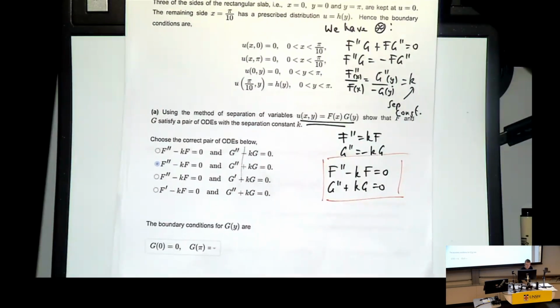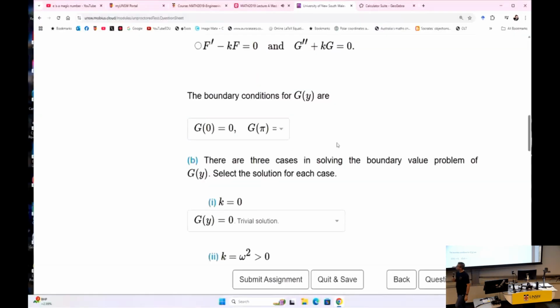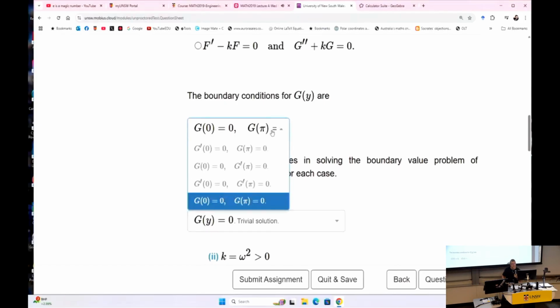So if I just go back to my internal computer, the next part of this question is the boundary conditions for G of Y. Okay, this is again a drop-down list. So let's have a look at the possibilities. Okay. There's a bunch of stuff, but how did I get that? Well, I go back to my original form.